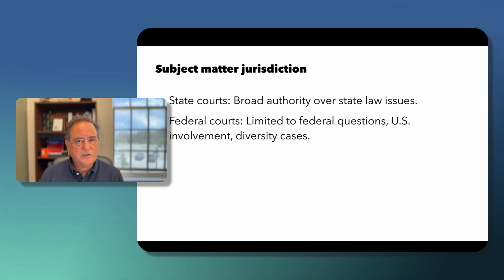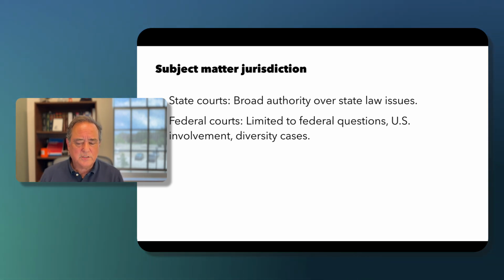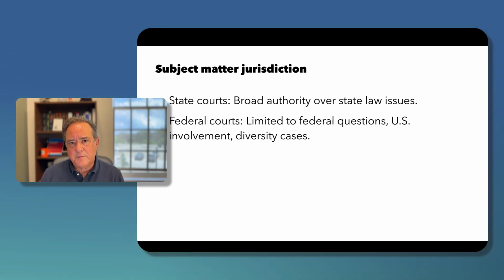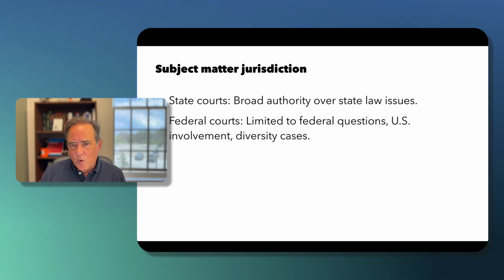First of all, those involving federal questions, which tends to be federal laws, controversies about a federal law, whether it is OSHA or anti-discrimination or the Fair Labor Standards Act. The federal court has jurisdiction over that issue.